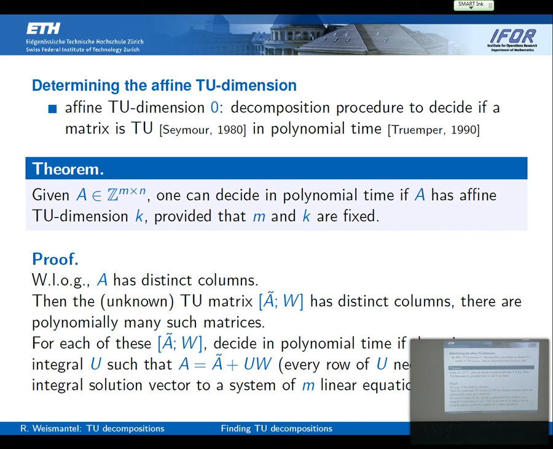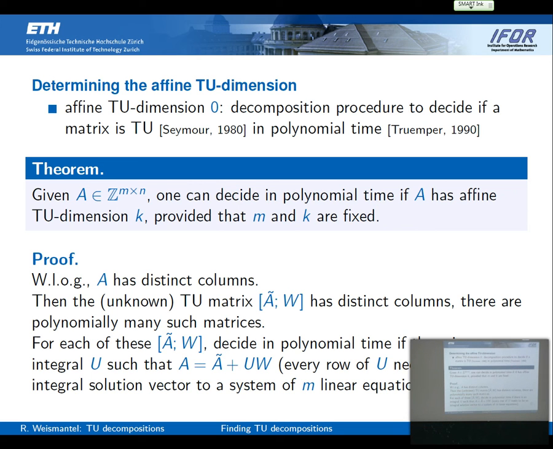And then what you need to do is solve a system of integer equations. So now you still need to find this decomposition with a matrix U. But if you look at this decomposition, then A is now given, A tilde, and W we have guessed. So we have it also at our disposal. And now we have to solve for a U, which gives us equality here.